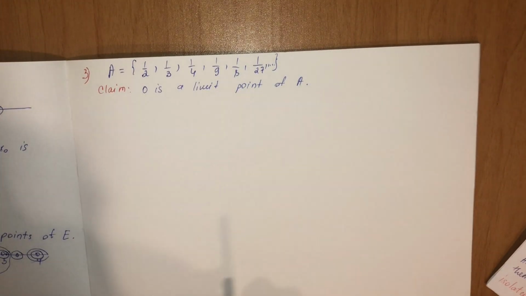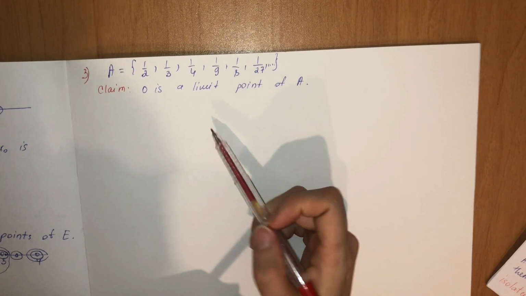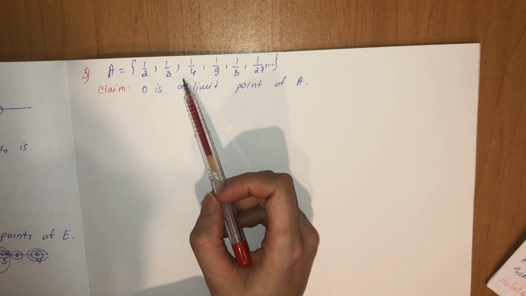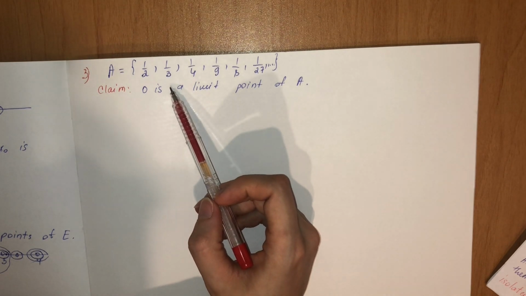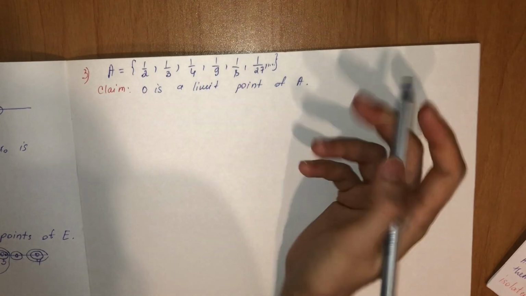We should explain the reason. So we must find a sequence of points in A which converges to 0. Let's find one sequence.